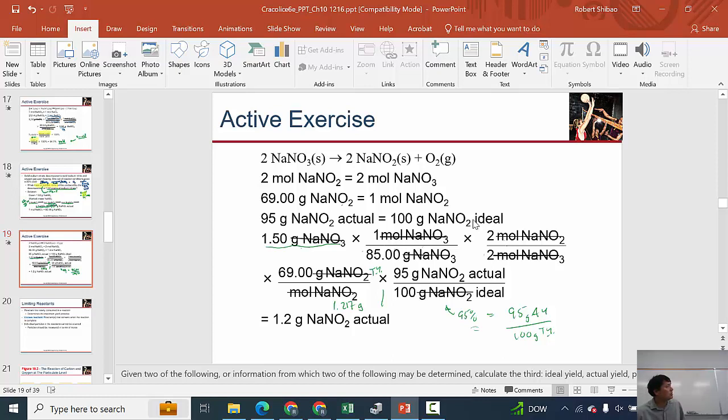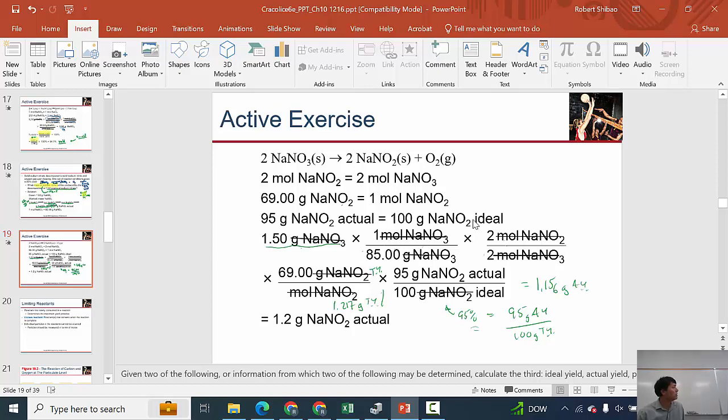Then since we only have a 95% yield, it's going to be 95 out of 100 times that, which gives us 1.156 grams. So we predicted we should have gotten 1.217, but since we always lose about 5%, the actual yield is going to be 1.156. This is our theoretical yield, and this would be our actual yield.